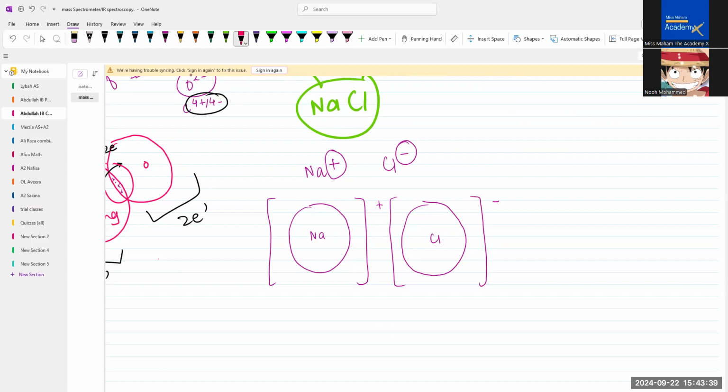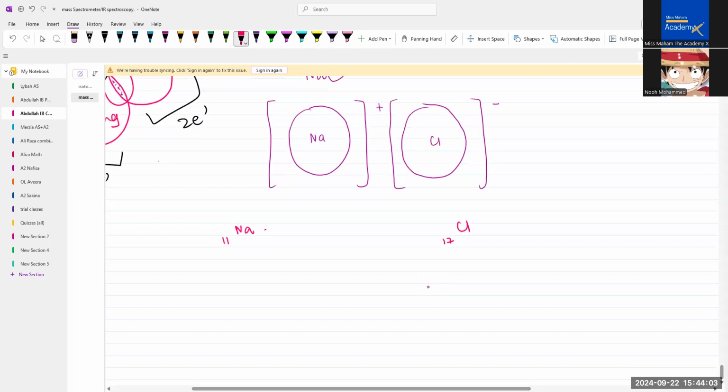It's 9, 10, 11. Sodium is 11. And chlorine is 17. So sodium's electronic configuration is 2, 8, 1, and chlorine's electronic configuration is 2, 8, 7, right? Is everything clear so far?